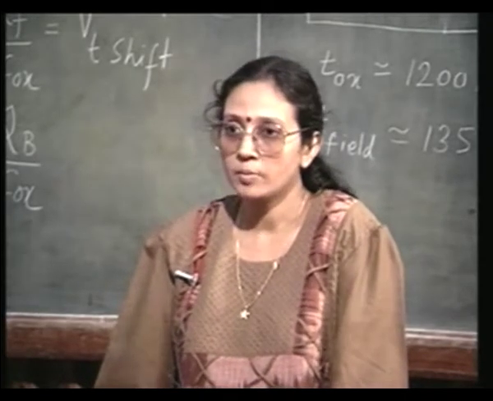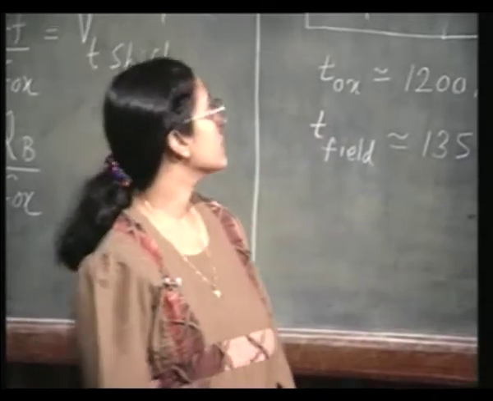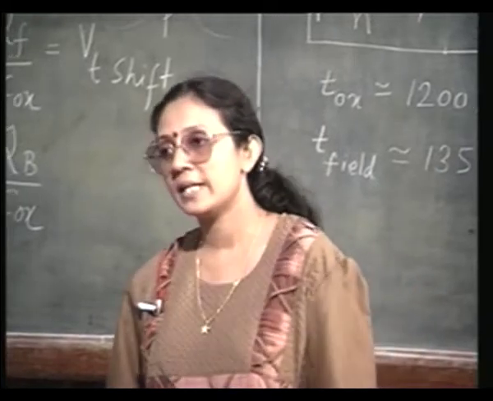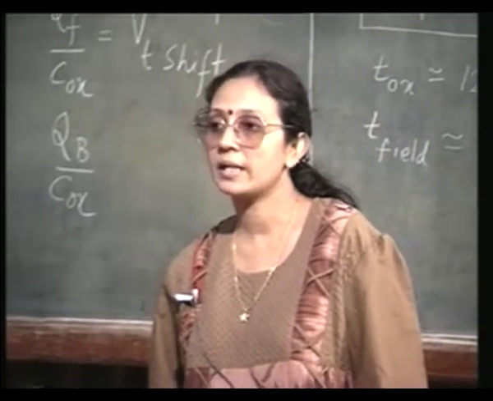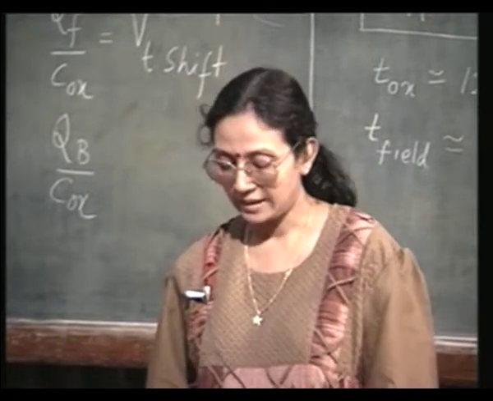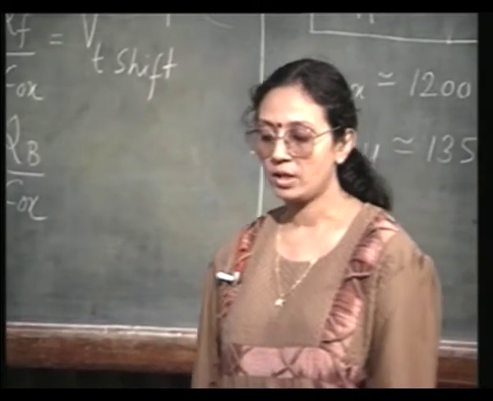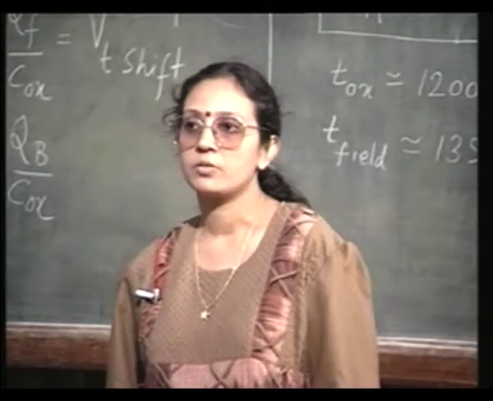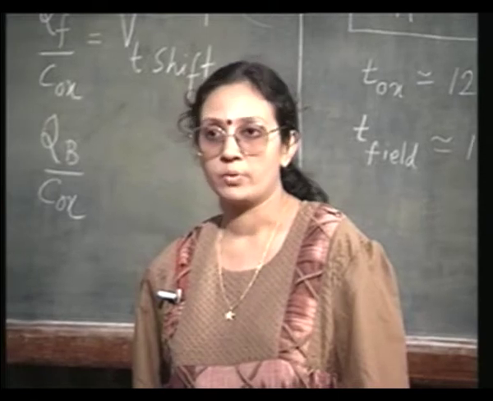What is that other problem? Remember, in the first metal gate technology, we had to have the gate region overhanging the source and drain region. Okay? And that started to give a lot of problem. Number one problem is of course area requirement.